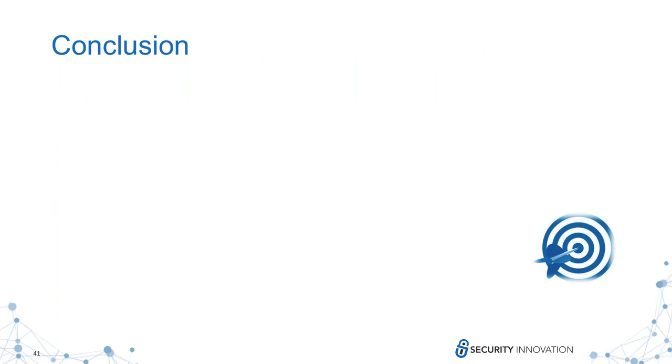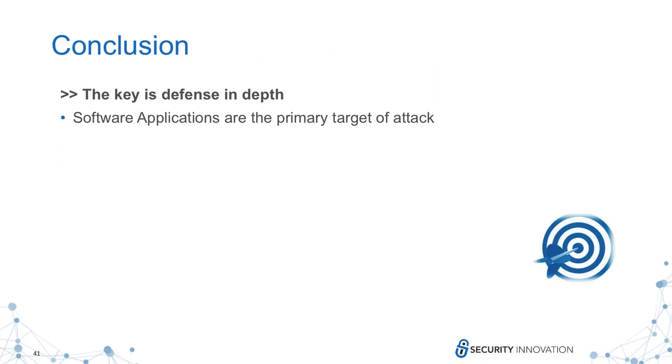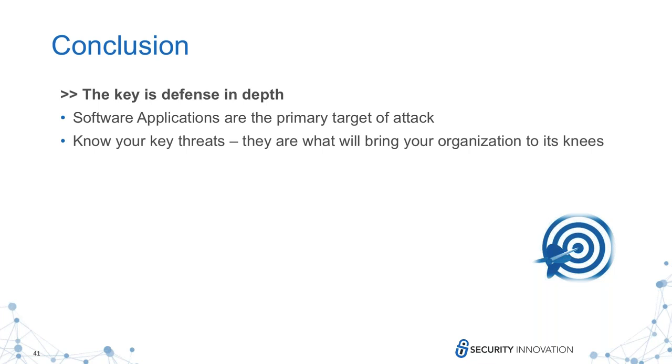So, wrapping up. The key that I've been going on about all this is defense in depth. Software applications are definitely the primary target of attack. You need to know your key threats because those are the threats that will bring your organization to its knees.